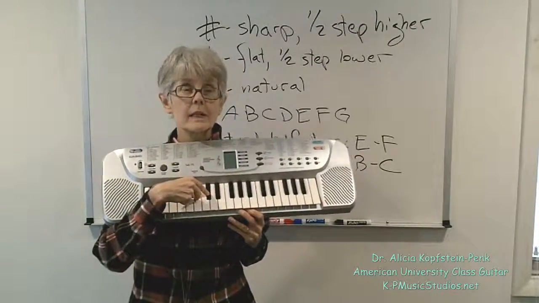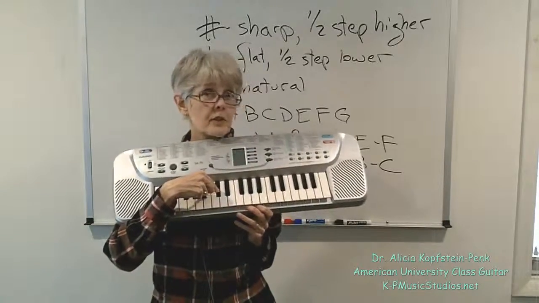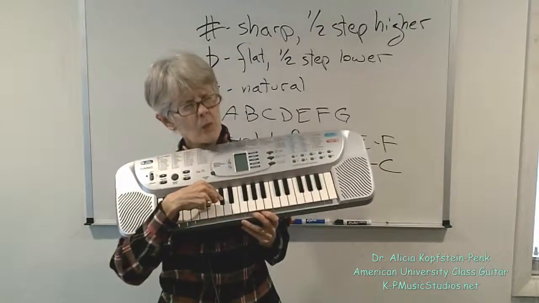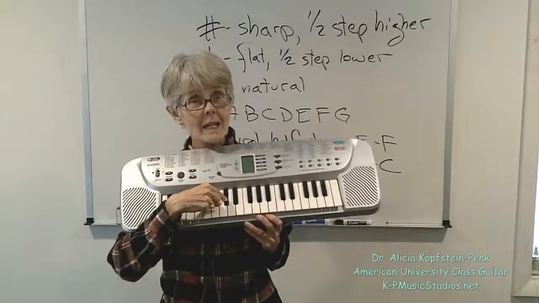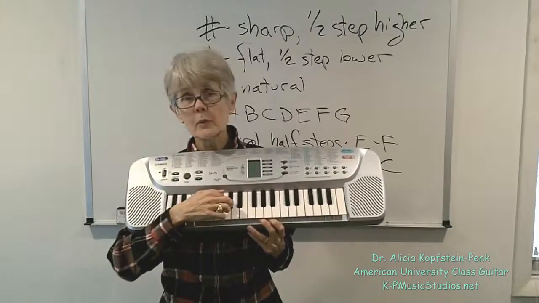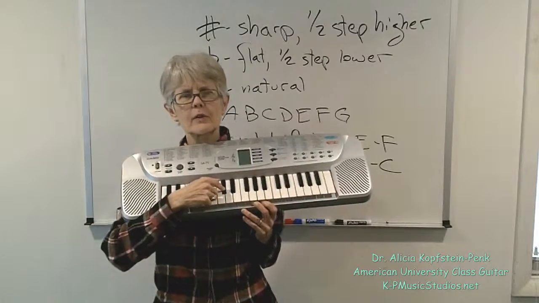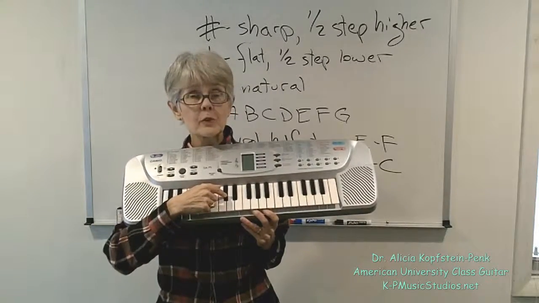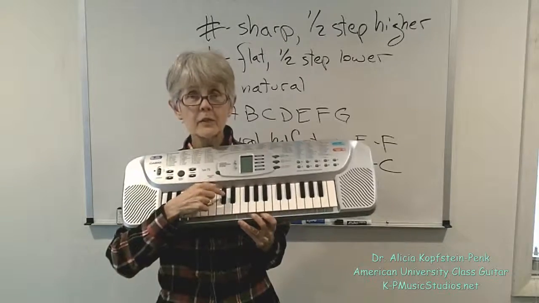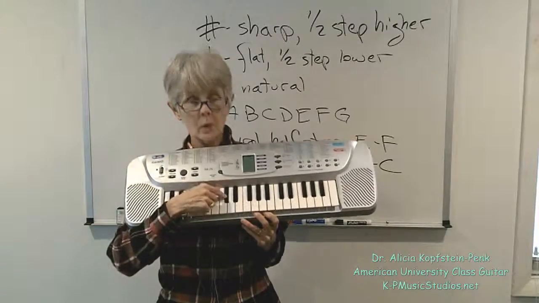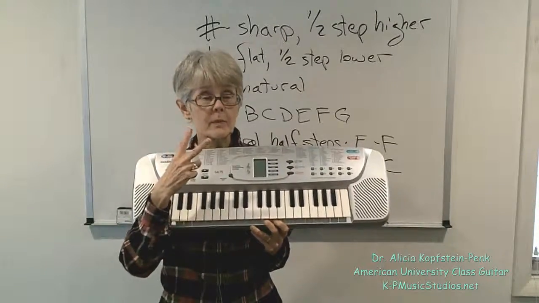This note is higher than C, so it's C sharp, but it's also lower than D, so it's D flat. It has nothing to do with whether you're going up or down. It has to do with rules of grammar and spelling and all this, which we're not going to go into. I just want you to know that these flats and sharps, one note, two names.